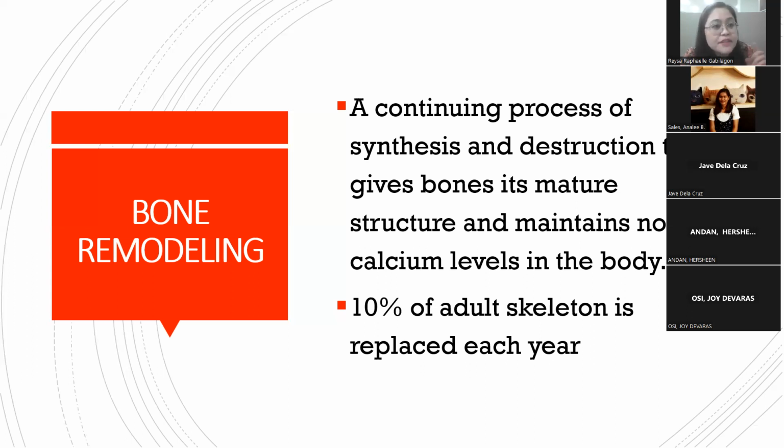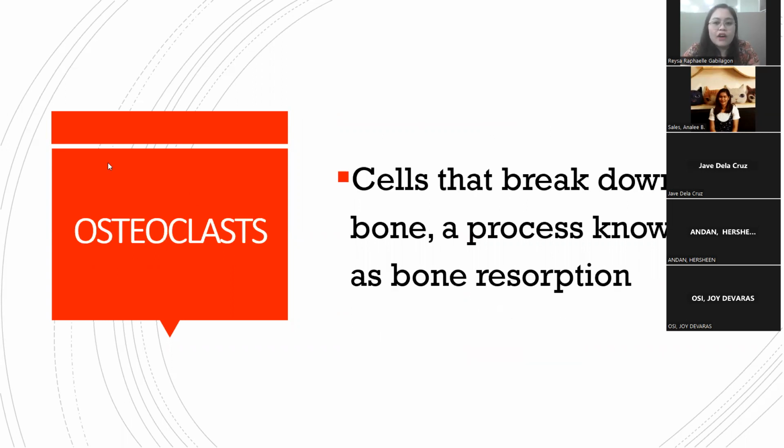In fact, 10% of our skeleton, tayo adults, is replaced every year. That is the process, bone remodeling. We have our bones, sisirain siya, i-destroy siya, and then we will produce new bones in the body. Okay? Now, the osteoclast, these are the cells na responsible in breaking down our bones.